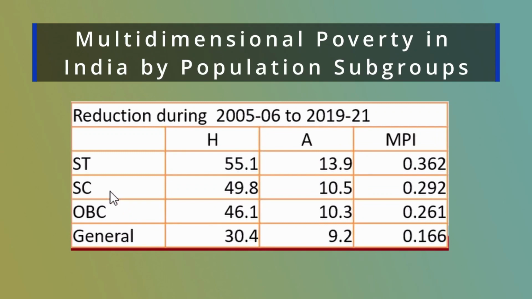by 0.362 during 2005-6 to 2019-21, whereas in case of scheduled castes, the reduction was 49.8% for H, 10.5% for A, and 0.292 for MPI.